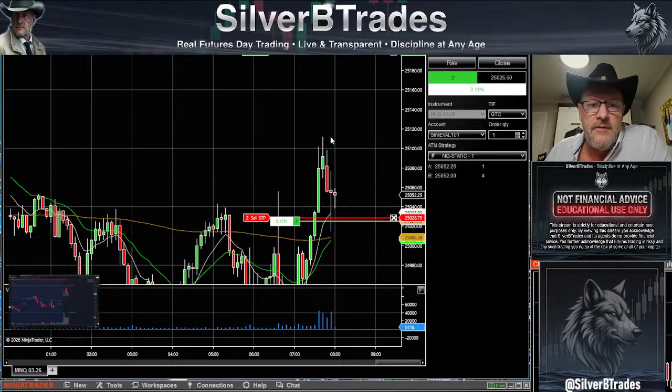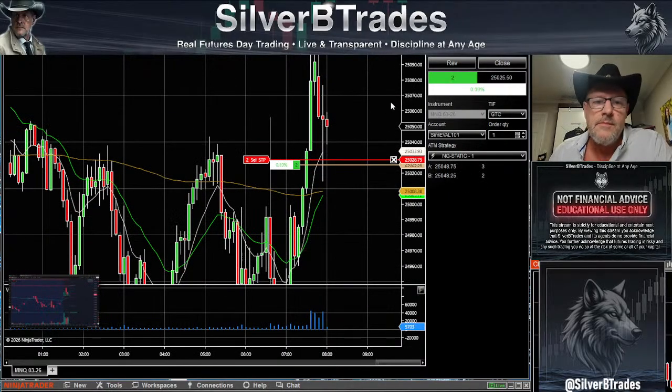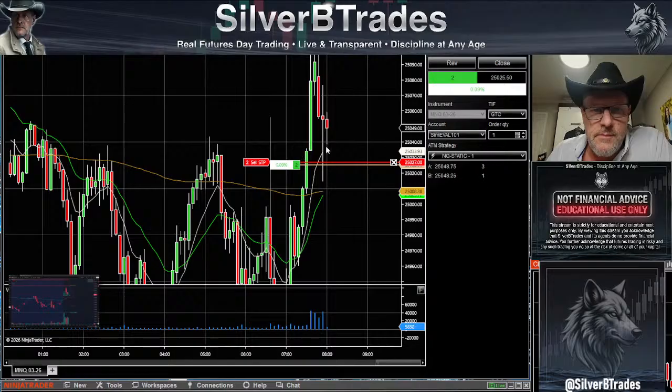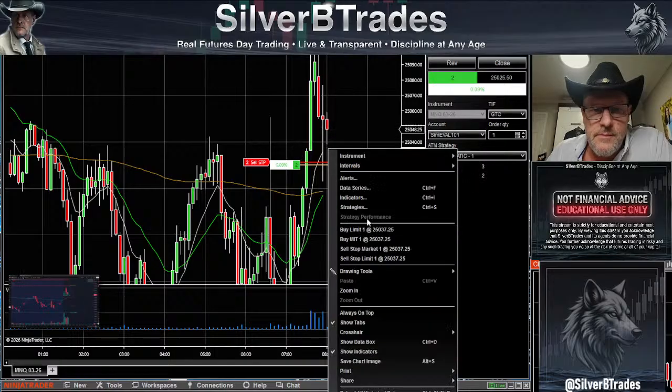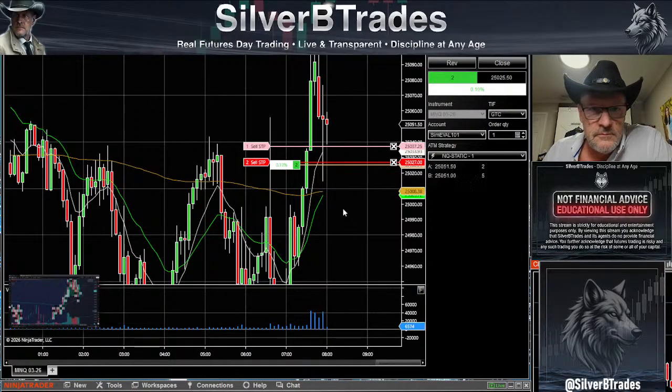But I'd be looking for this to go up to high of day before it sells off hard. If you want to take my next trade with me, hopefully it's a winner. Systematically and probability-wise, we're due for one. That is a tough candle to short. Order submitted. What am I supposed to do with that?